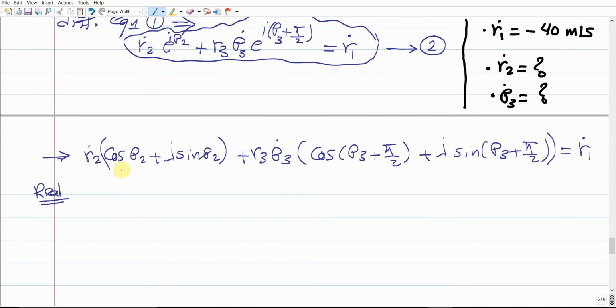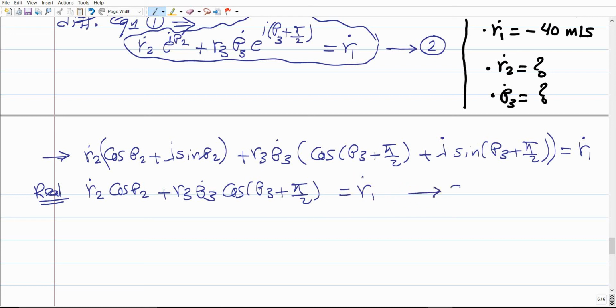Then your objective is to decompose this into real and imaginary parts. What is the real part here? The real part is R2 dot cosine theta 2 plus R3 theta 3 dot. The sine term is the imaginary part, so it is not included in the real part. Then for the second term, only the cosine is the real part, so it's the cosine of theta 3 plus pi over 2. The sine term has I, so it is imaginary. This equals R1 dot, which is already real.